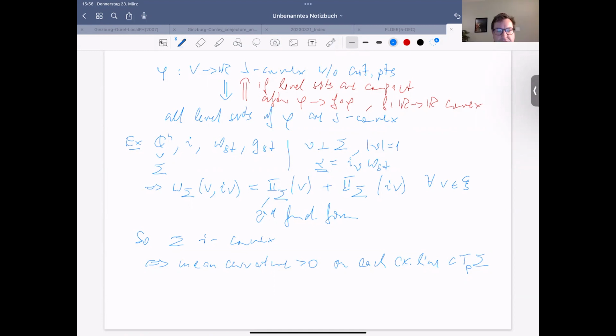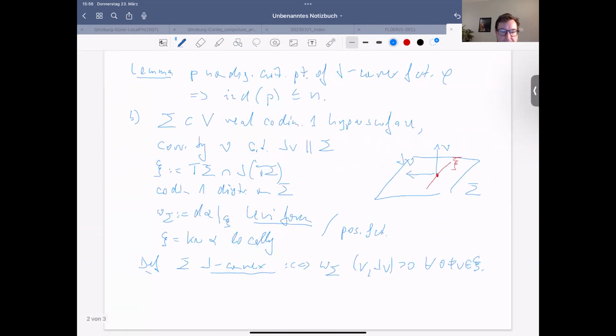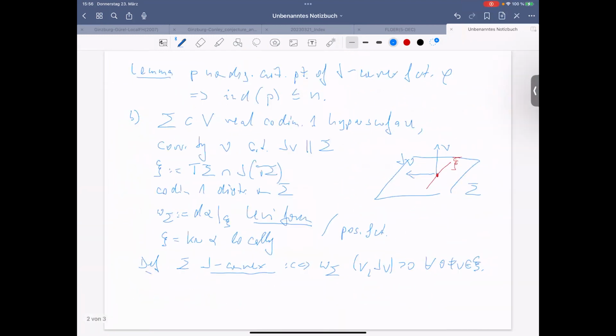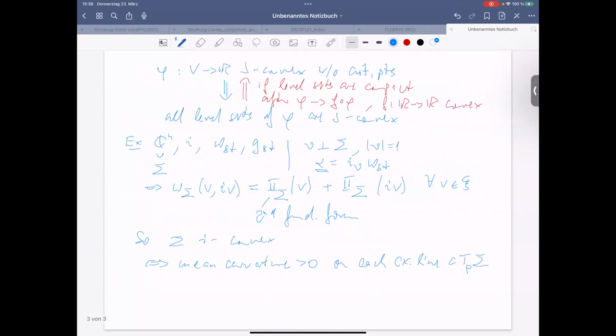But the sign of the mean curvature depends on the choice of... Oh, it should be co-oriented. I see. Okay. Yes. Just one second. Did I forget to say that? No, okay, I said it here. I still mean it to be co-oriented, and I pick the normal vector field nu in the direction of the given co-orientation.